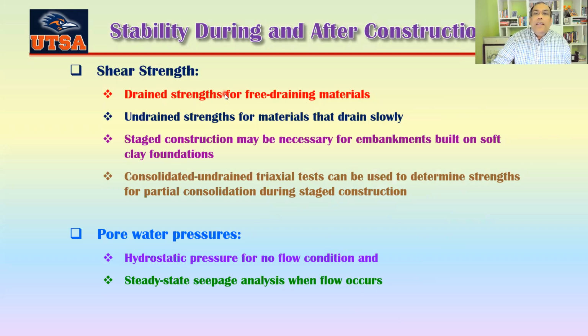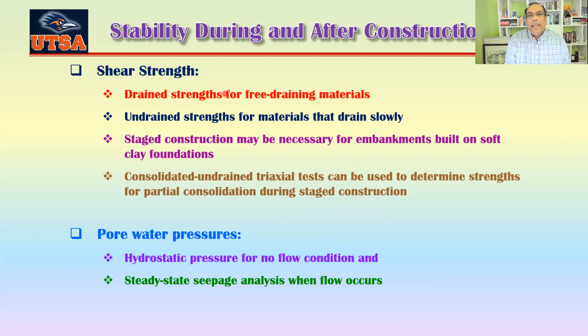So it's kind of a compromise, depending on how fast your construction is going on. If you think, hey, the construction is going to take 2 years and your soil can drain in a year and a half, then you can use drained strength.